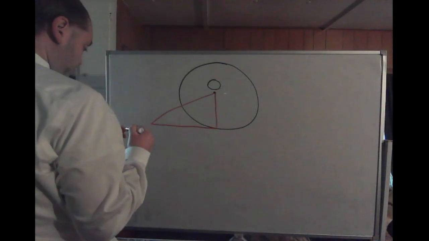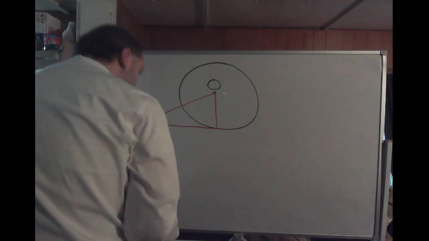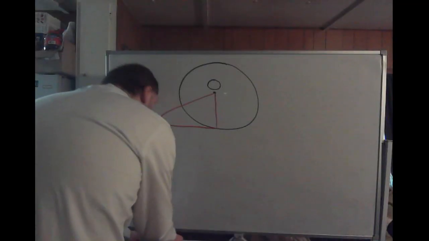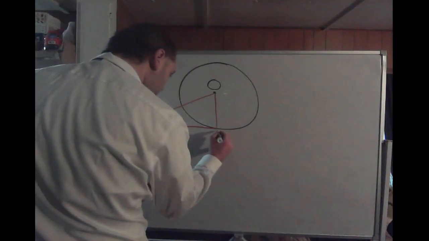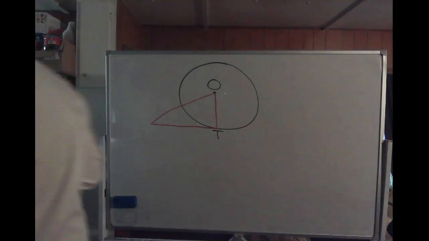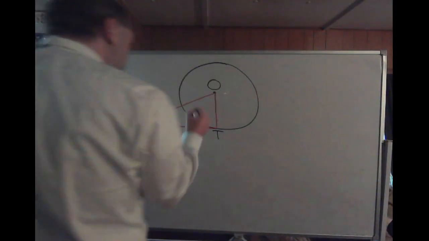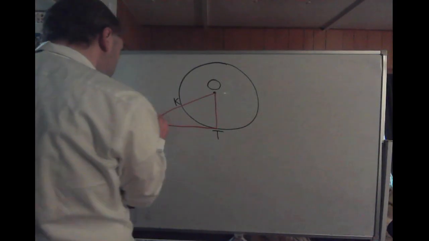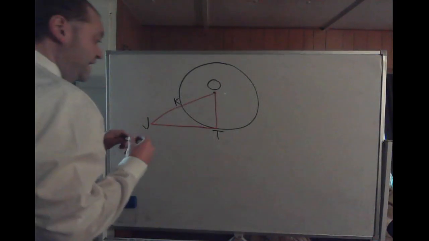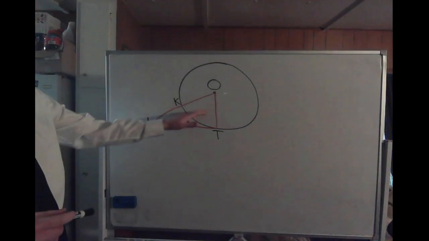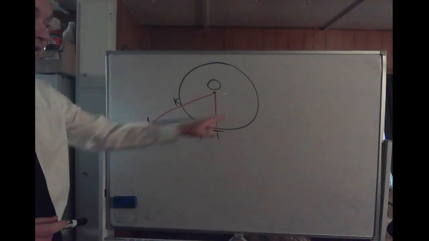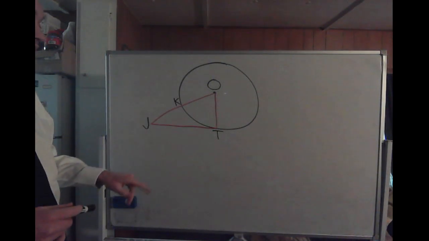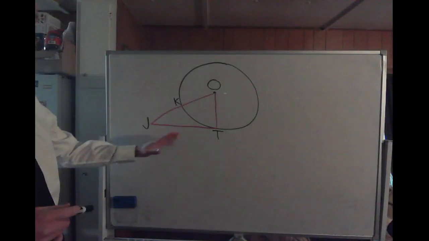Let's label some points here. So we have a nice circle here where we have two radii that ultimately form a triangle.